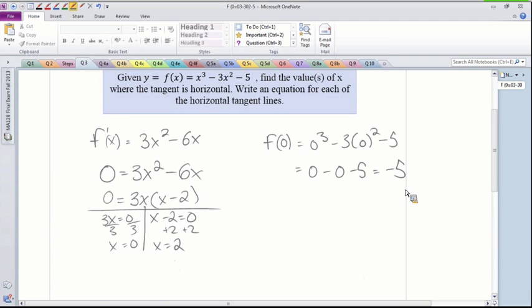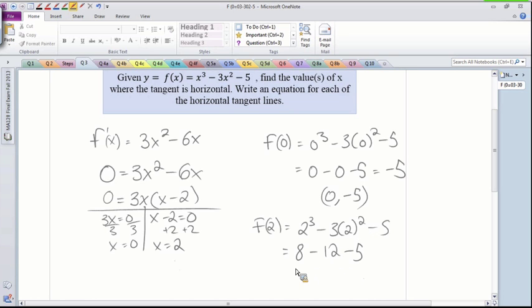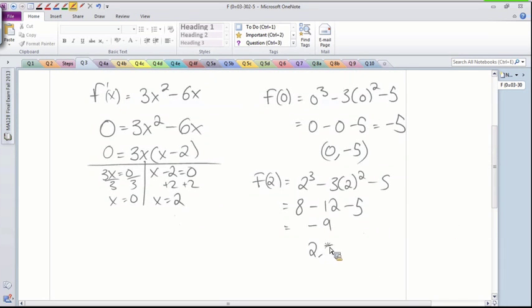So our horizontal tangent line occurs at (0, negative 5). Now f of 2. We'll do the same thing for 2. So we'll have 2 to the third minus 3 times 2 squared minus 5. 8 minus 4 times 3 is 12, minus 5. This will give us negative 9. So at (2, negative 9), that's where our second horizontal tangent line occurs.